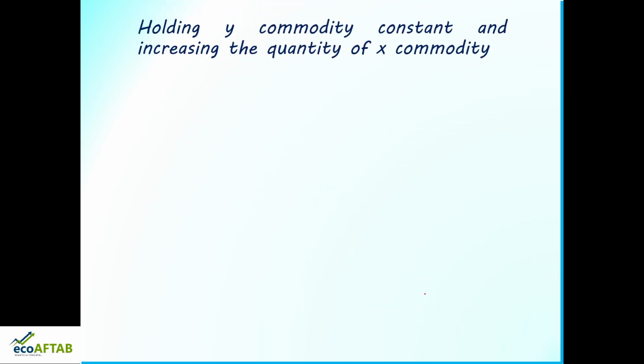If you keep the y commodity constant and keep on increasing the quantity of x commodity, let us see what is happening. This is very similar to the law of diminishing marginal utility, but here I am keeping one particular commodity constant and making use of the Cobb-Douglas utility function.